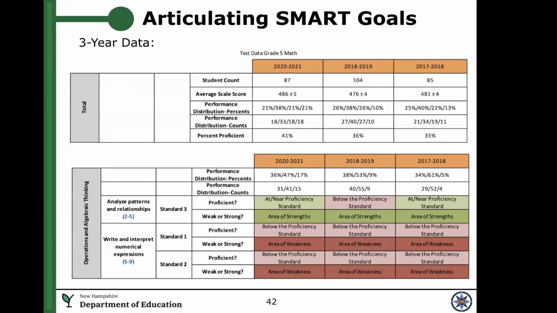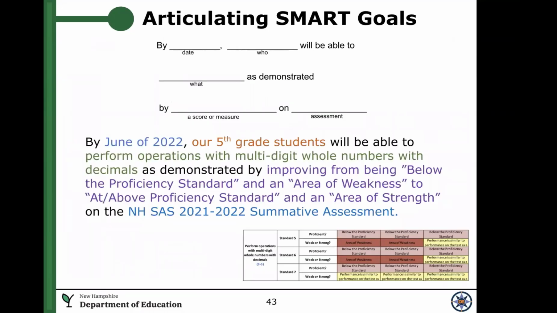And again, if you were looking at 3-year data, you might take a peek at something and you might articulate a SMART goal because you're seeing some weakness in a specific area. This one happens to be looking at performing operations with multi-digit whole numbers and decimals. It's a 5th grade standard. And so we've looked at that data and we've deemed that this is our year-long SMART goal.